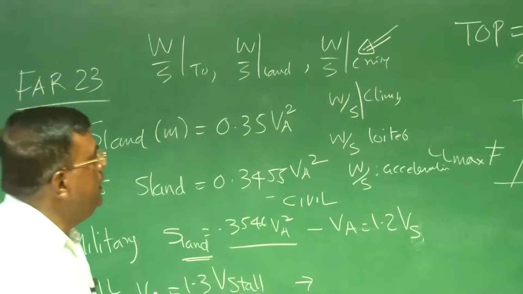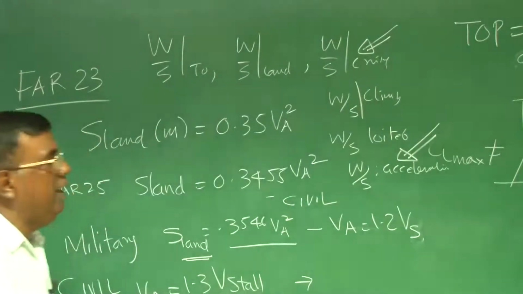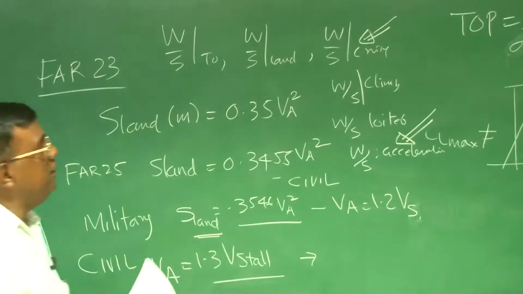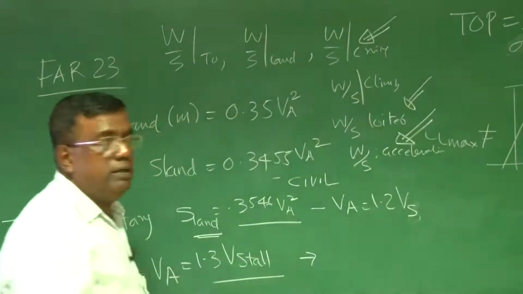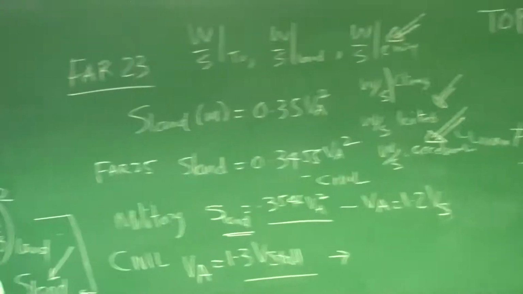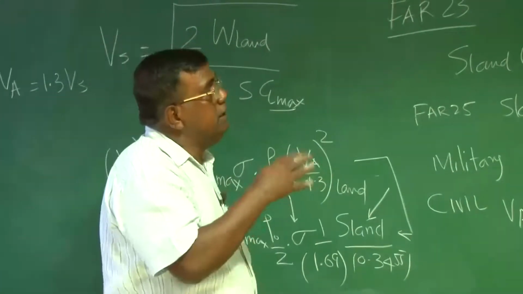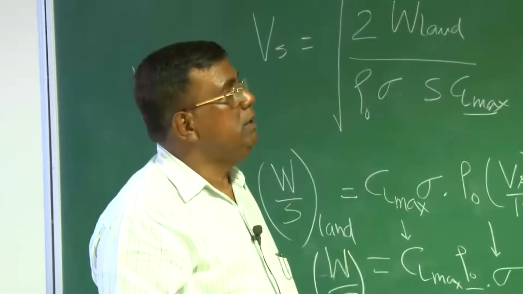If it is a fighter, dogfight airplane, then you will give more weightage to W by S acceleration. Or if it is a surveillance airplane, you may give more weightage to W by S loiter, right? It has to just move around. Endurance, more endurance. So all these things you have to see depending upon mission requirement and select the W by S.